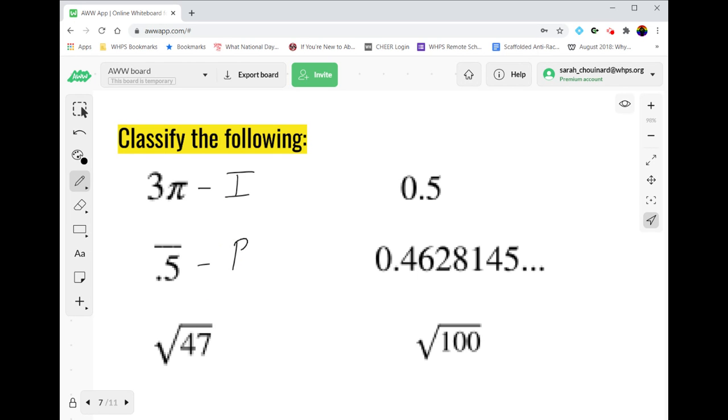Any number that repeats is rational. Any square root of a non-perfect square is irrational. 0.5 terminates. This is an easy one. We know this is 1/2, so this is rational. This number goes on forever, so it's irrational. Square root of 100, though, we know is 10. That could be written as a fraction, and so that's rational.